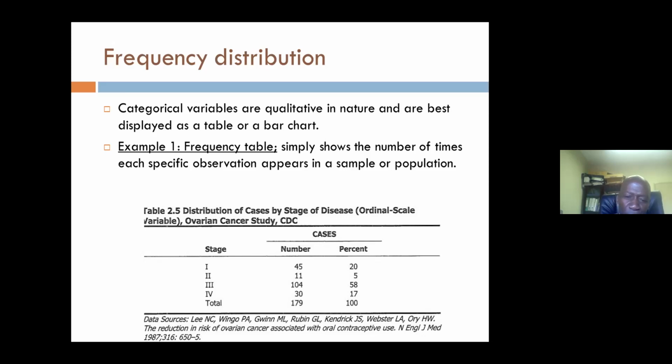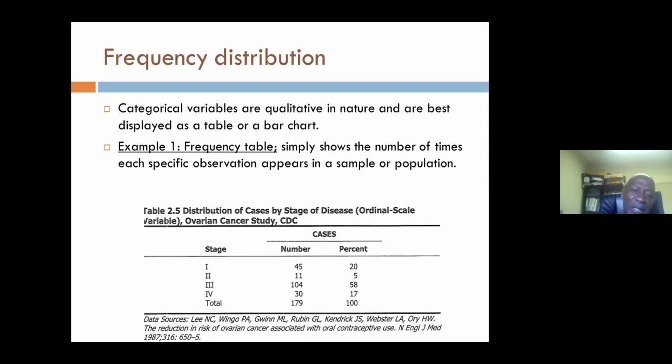We can present the same counts as percentages so that you can get a good feel of the way those numbers are distributed. You can see that most of the patients there are diagnosed in stage 3 of disease, which is 58%. That can help you understand the way patients diagnosed with ovarian cancer are distributed in the population.